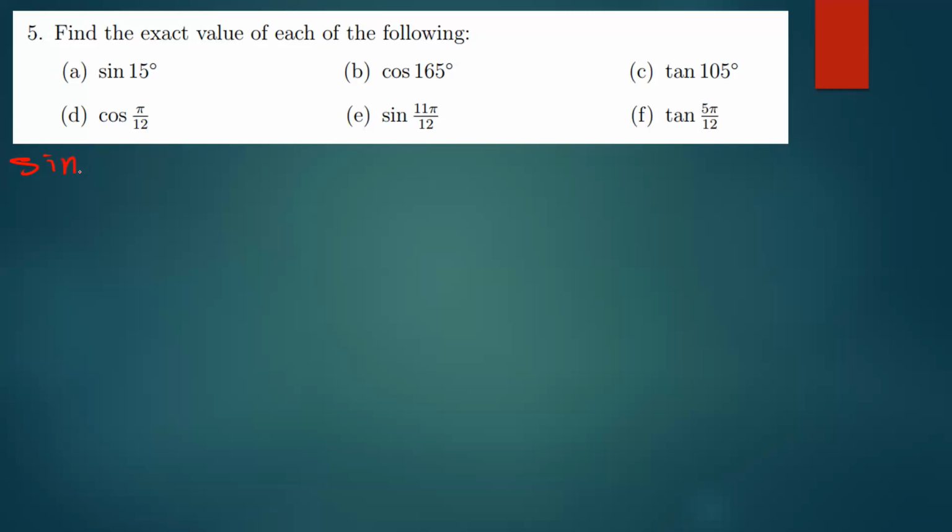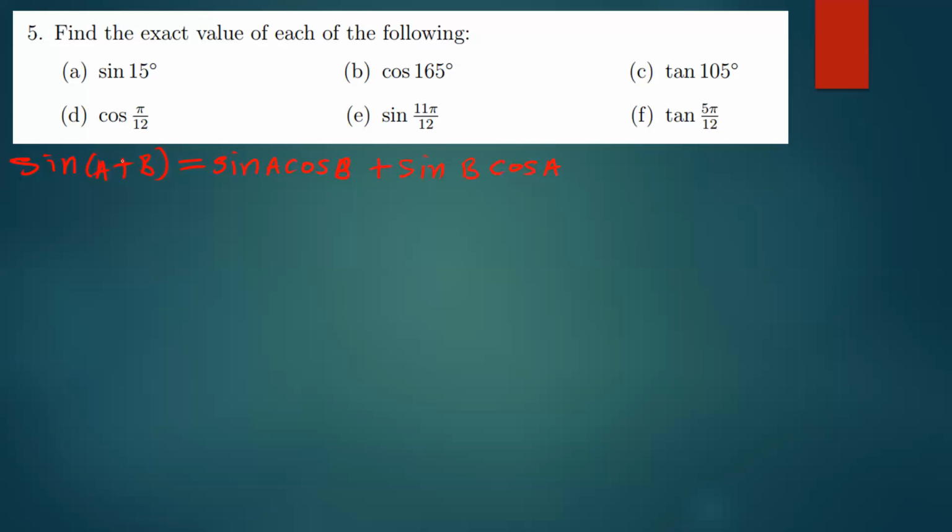For sine, when you say sine A plus B, it is simply equal to sine A cos B plus sine B cos A. This is how you know them.